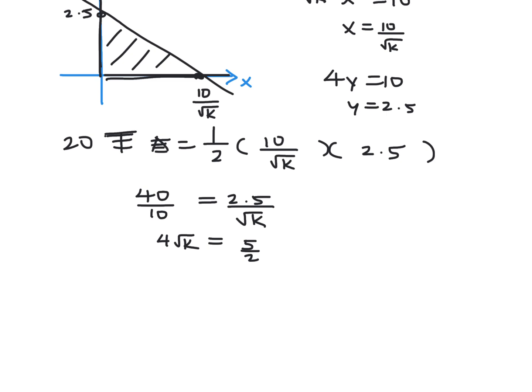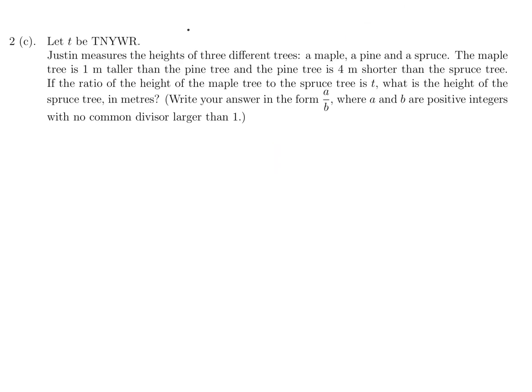So root k is 5 over 8. If I square both sides, I'll get k equal to 25 over 64. So t is 25 over 64.